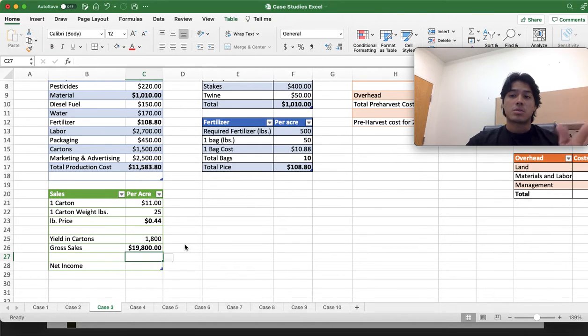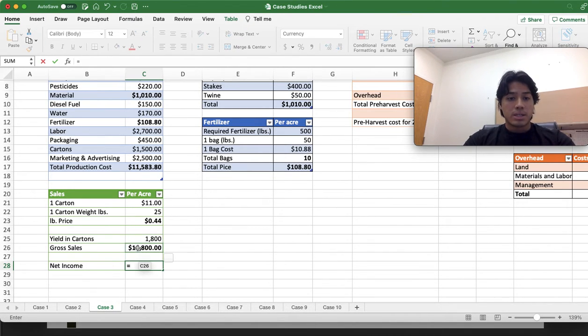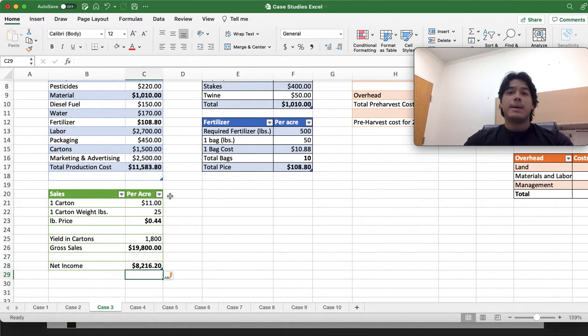But at the end, we also need to consider the costs. So in this case, the net income, which is the profit the farmer is getting, already considering the costs, is going to be your gross sale minus the total production cost, and that's going to be the net income of the farmer.